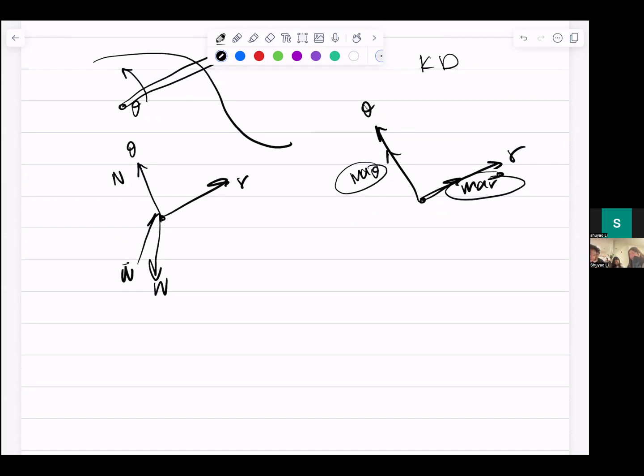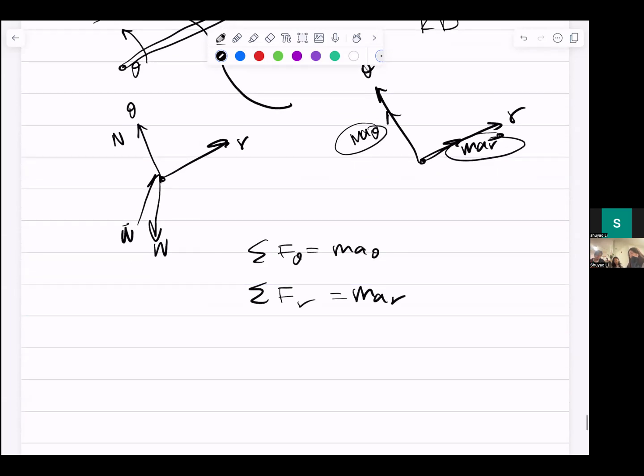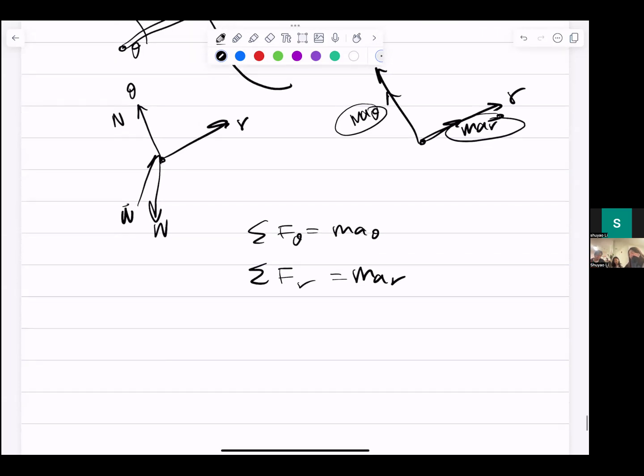Basically, the general approach to solving this is we want to create equations following this format. We had defined our coordinate system as this, so similarly to when we have x and y, we can go similarly to that.